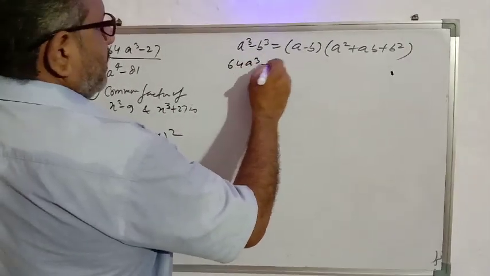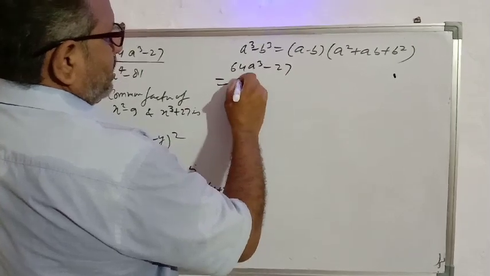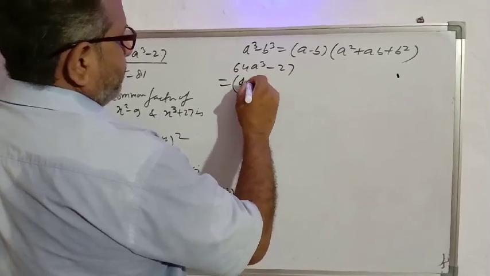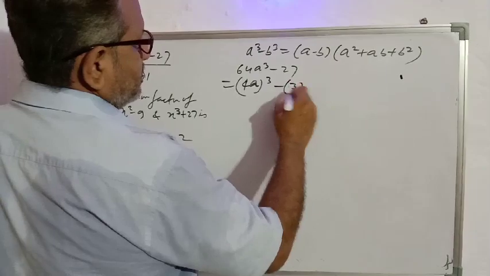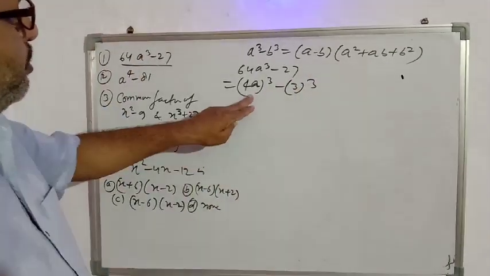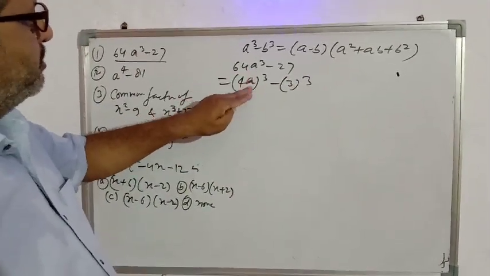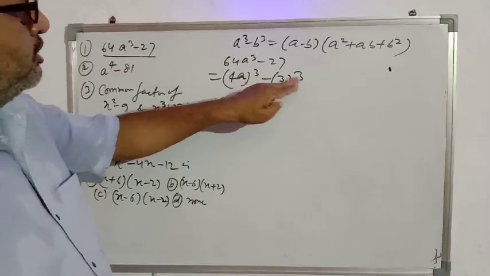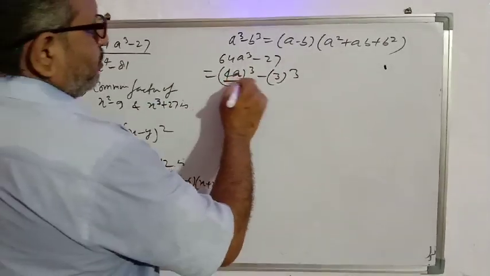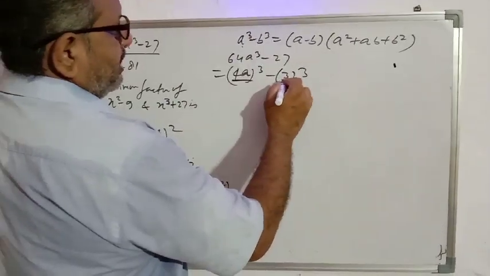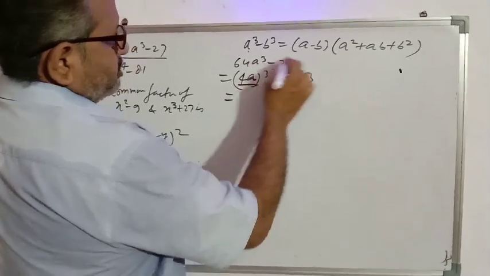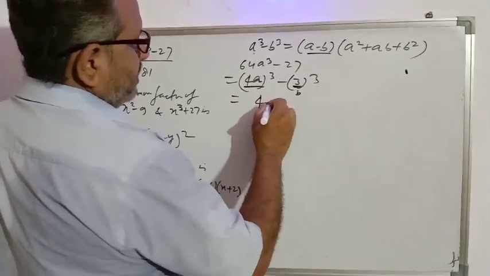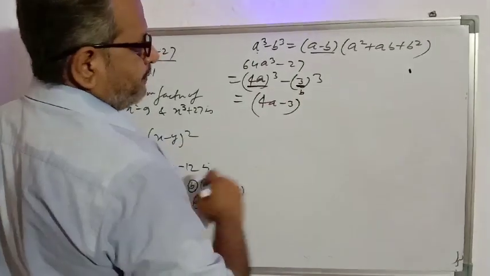64a cube minus 27. How can we factorize? We can write it as 4a whole cube minus 3 cube. 4a whole cube: 4 cube is 64, a cube is a cube, and 3 cube is 27. This 4a we can suppose a and 3 is b. So in one bracket a minus b, we will write 4a minus 3.